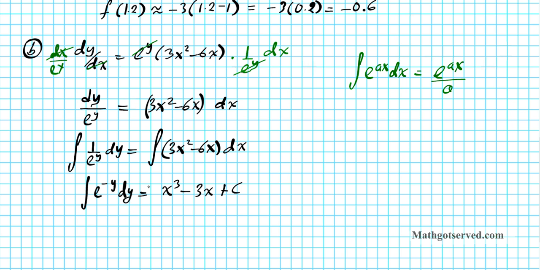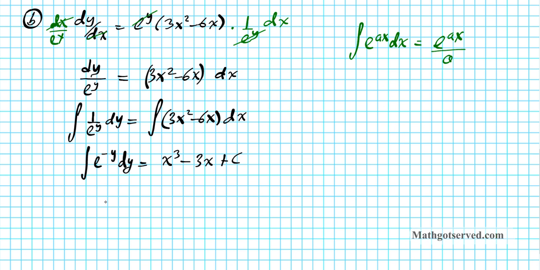In this case, a is negative 1, so this integral is going to become e to the negative y divided by negative 1, so we just put a negative here, equals x to the third minus 3x squared plus c. Now, this other c here, we can just add it to this c.